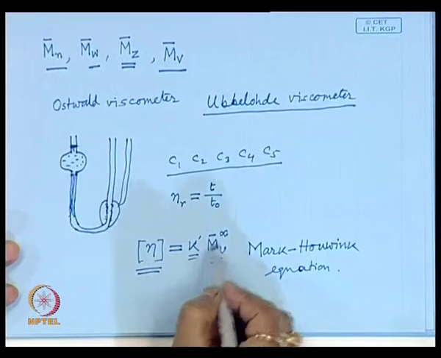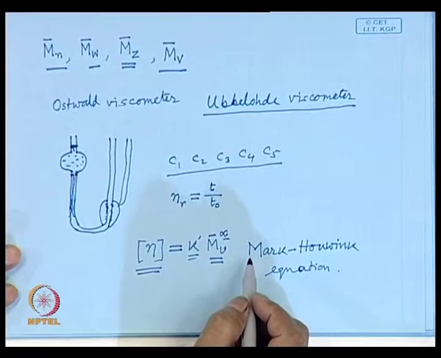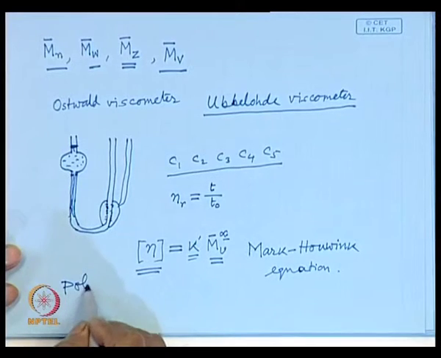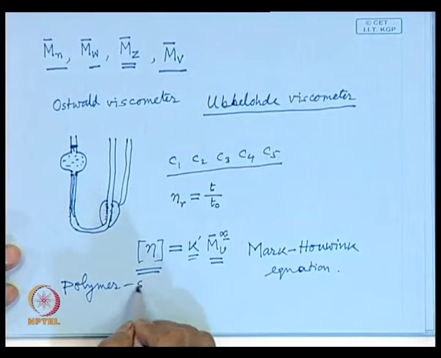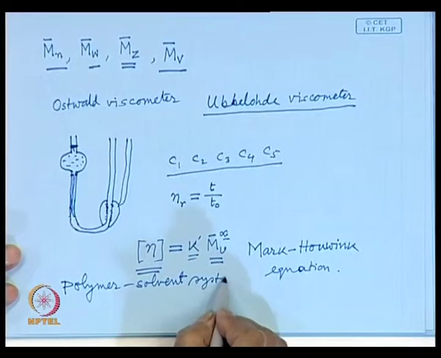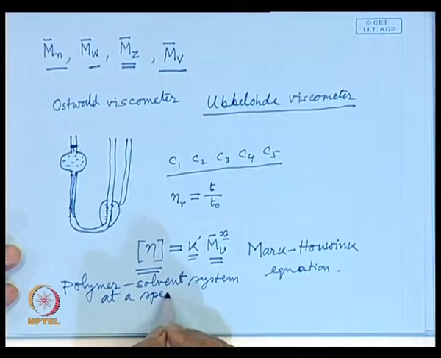What are these? These are actually constant parameters dependent on a particular polymer solvent system, for a specific polymer solvent system at a specific temperature.